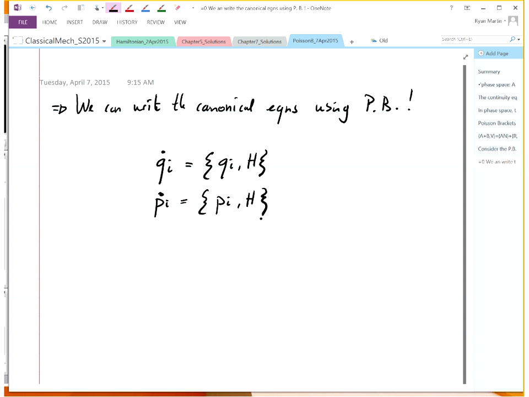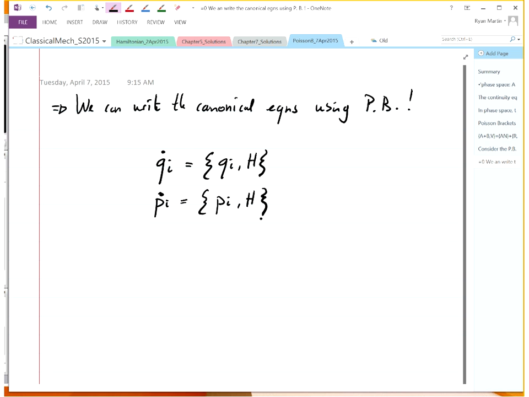Now, how general is this result? So it definitely works for the canonical variables, you just did it. The time derivative of the canonical variables is given by the Poisson brackets of the canonical variables with the Hamiltonian. The Hamiltonian is very special here. You take the Poisson bracket with this Hamiltonian, and it tells you something about how the variable changes with time.